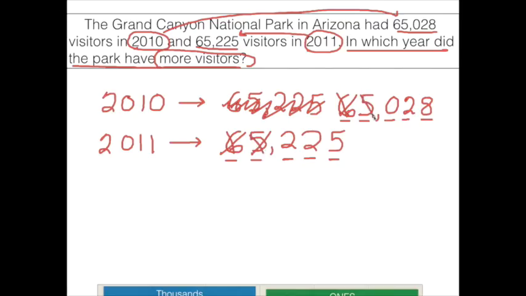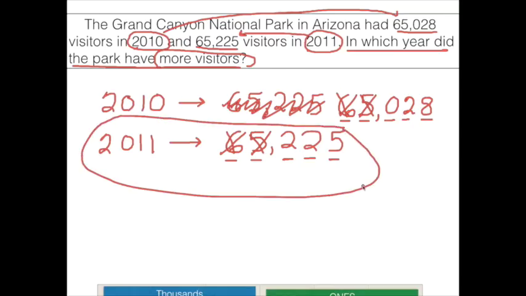Cross them off. 0 in the 100s place here, 2 in the 100s place here. This guy wins. It doesn't matter what those are because there's a 2 here and there's a 0 there. There's 200 here and there's no hundreds over there. 225 is more than 28.